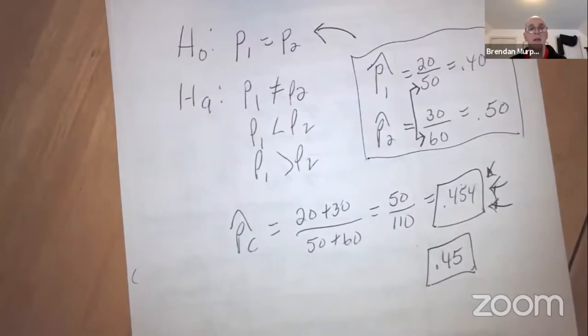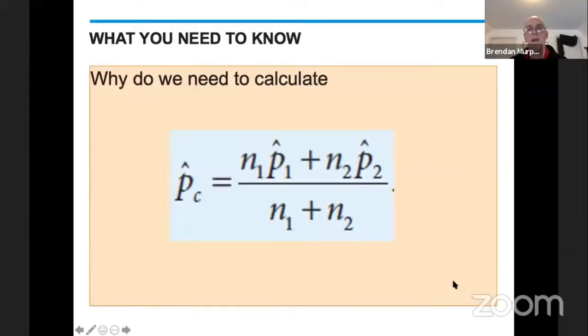We've taken two samples. We actually know nothing about the two population parameters, although my null is that they're the same. And that's all I did here was combine those two, the 20 plus 30 over the 50 plus 60. So hopefully that helps you a little bit as to where that formula comes from and why we need to use that.